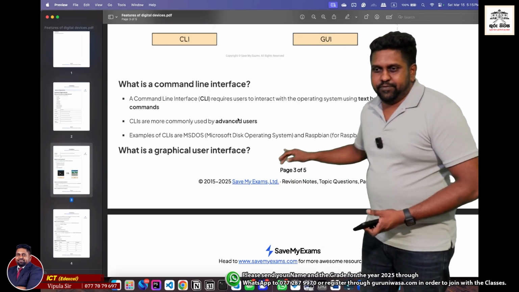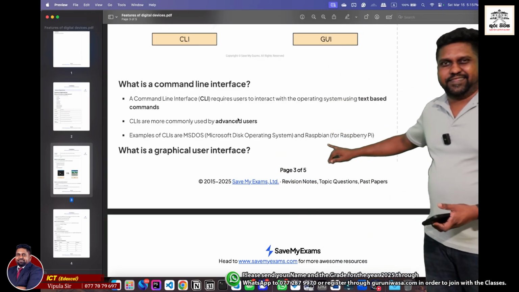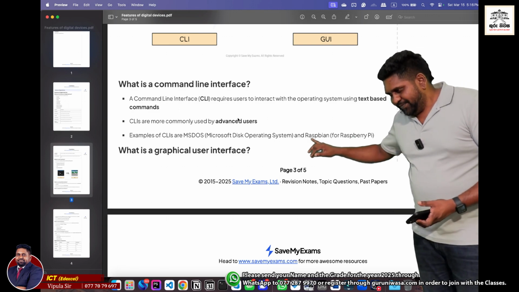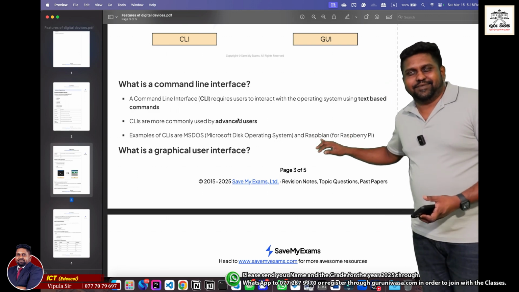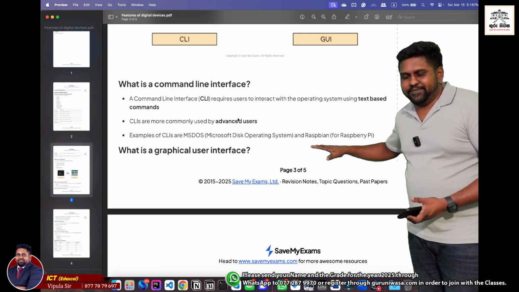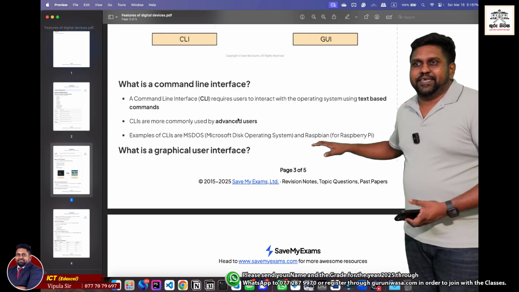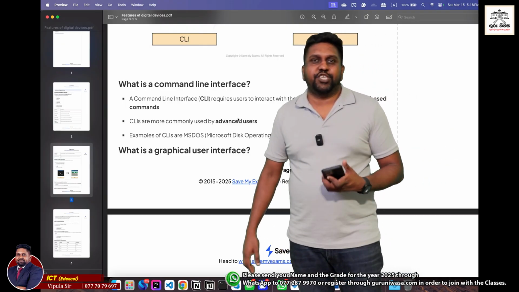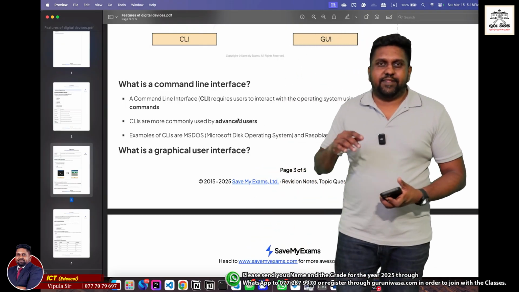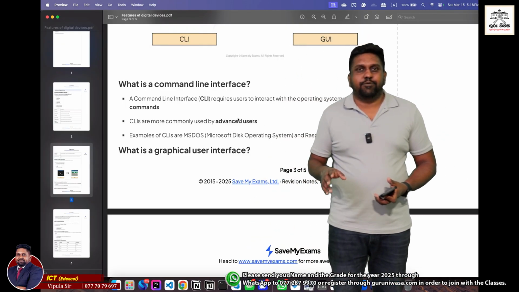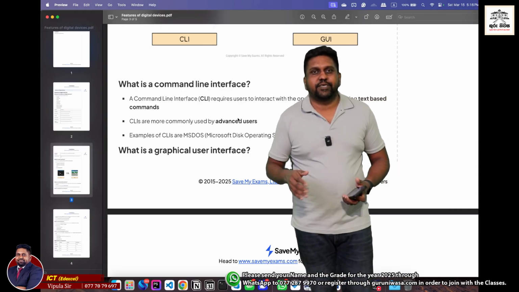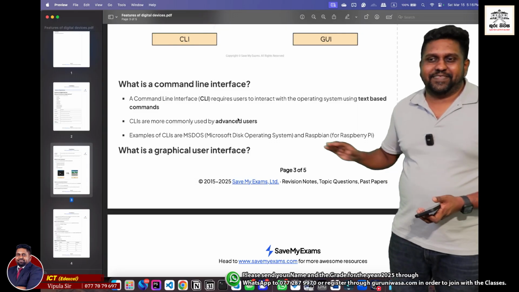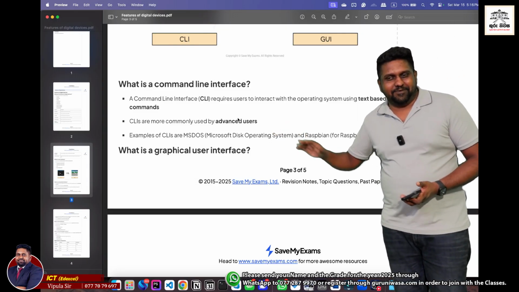Okay, so just please make a note of this. If you write this, it's correct in a way, but it's not technically correct. So it should be the terminal. In Linux, we use the shell, or the bash terminal. So these two are the particular things we use on Linux and Windows.